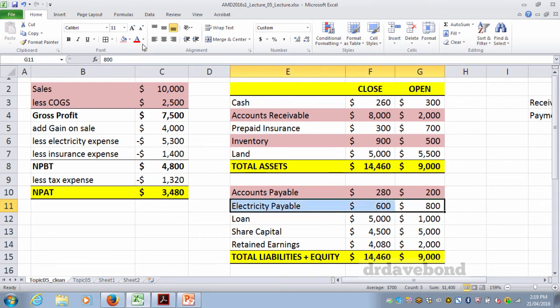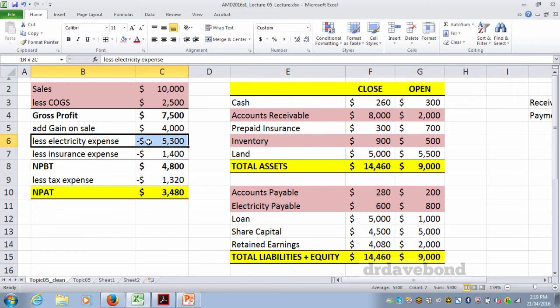We've used this. Debit electricity expense, credit electricity payable. So that turns up in here because this is money that we owe to our electricity provider. Plus the money that we owed at the start means we should be paying them $6,100.